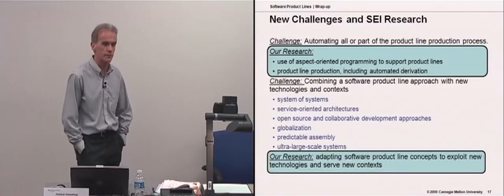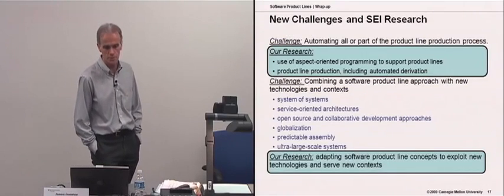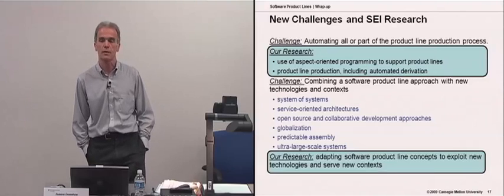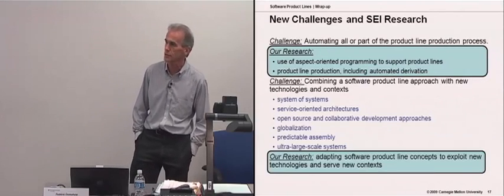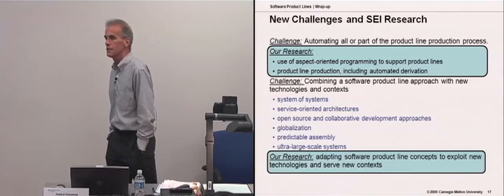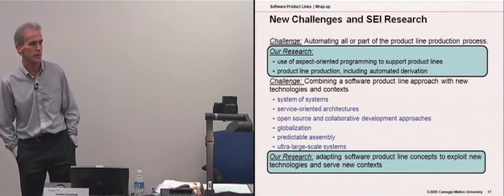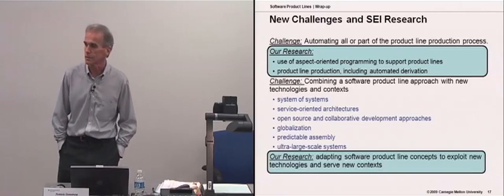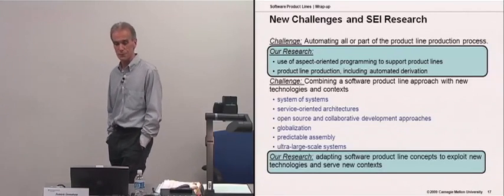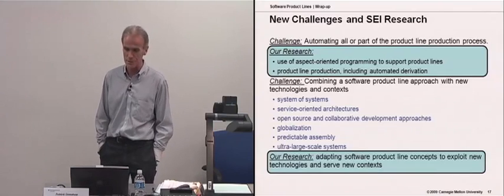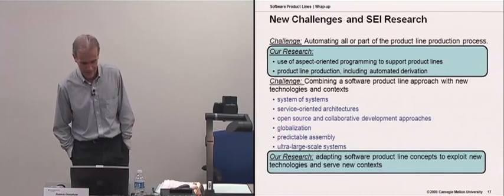We also have some ongoing investigations into things like aspect-oriented programming in software product lines and product line production. We have at least one technical report in that arena. Yours truly is supposed to be coming up with another one, but has been fairly busy teaching courses.